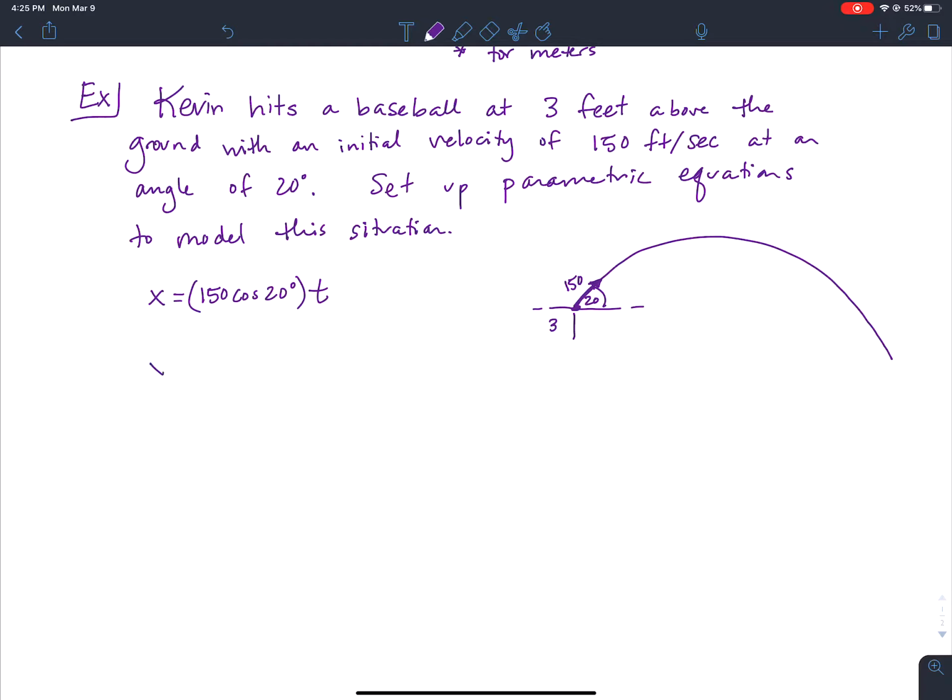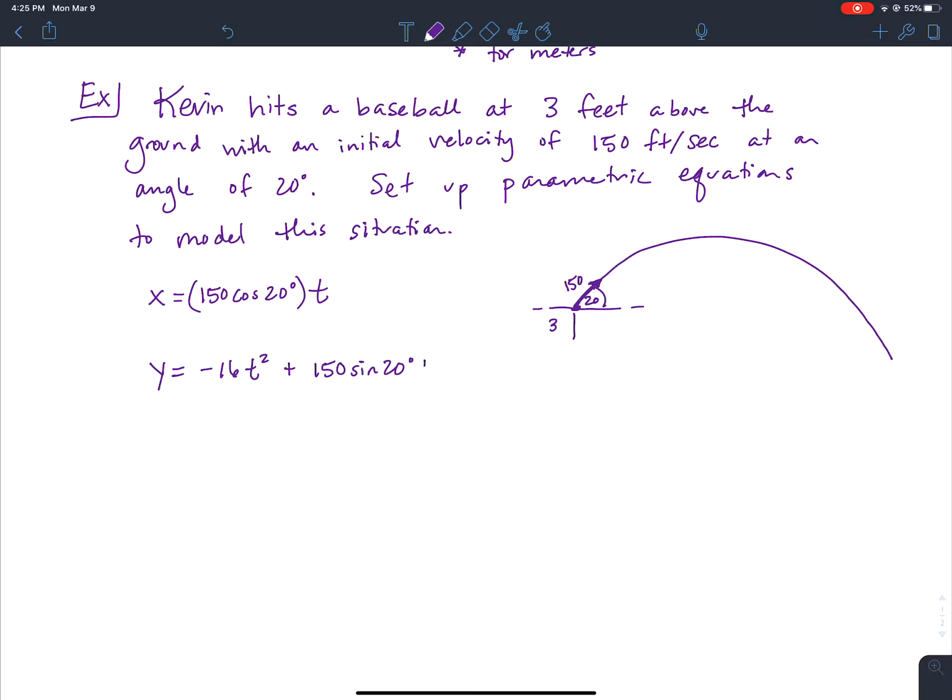The y equation is going to be gravity. So we're in feet, so negative 16t squared. And the squared part is what makes this curve like a parabola, plus the y component of our velocity. So the y component of our vector is 150 sine 20.